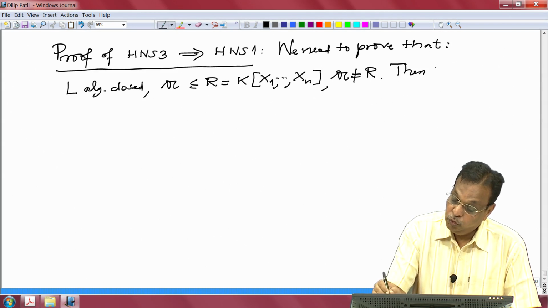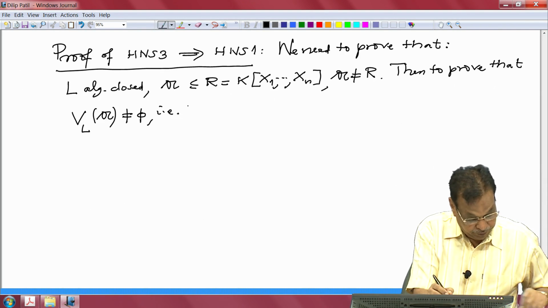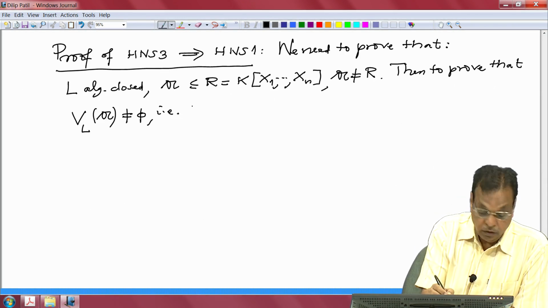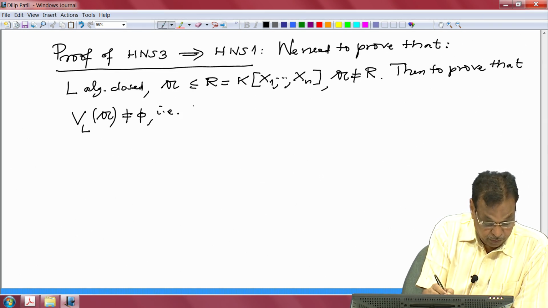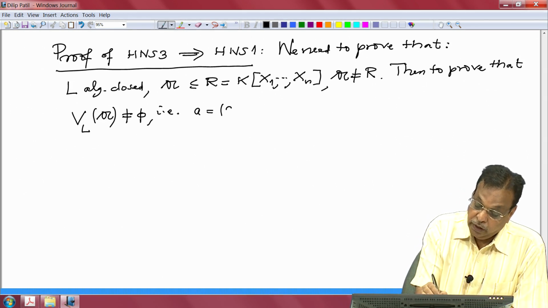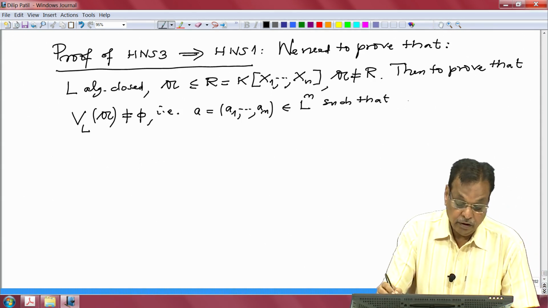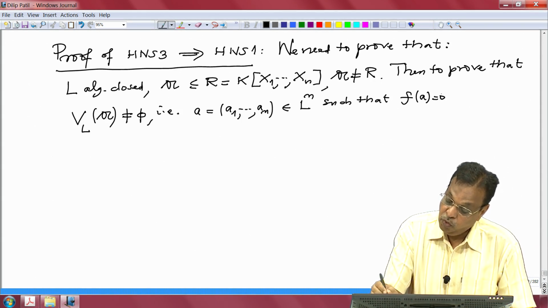Then we have to prove that VL of A is non-empty, that is, we want to find a point a equal to a1 to an in L to the n such that f of a is 0 for all polynomials f in the ideal A. This is what we need to prove.